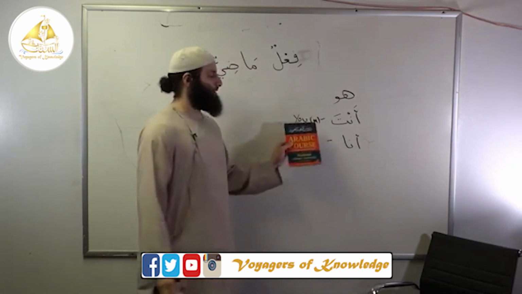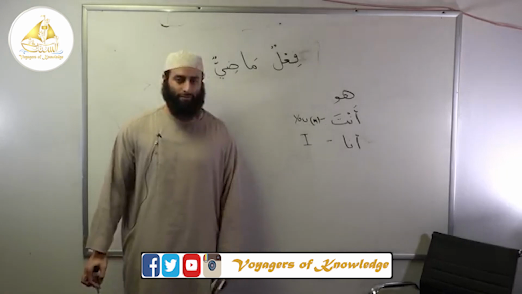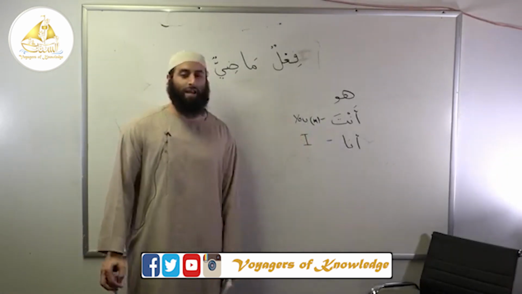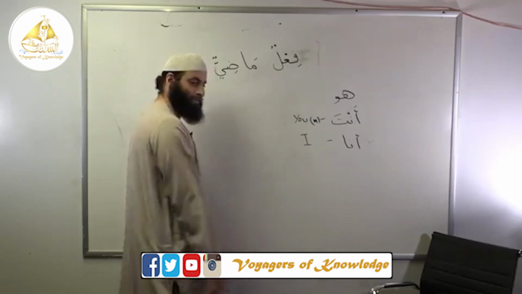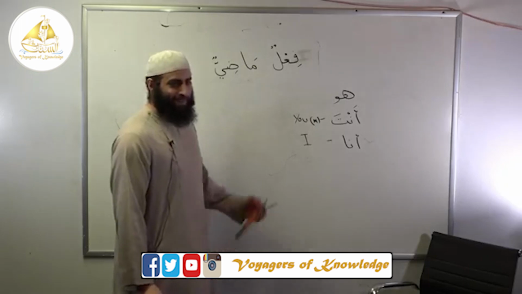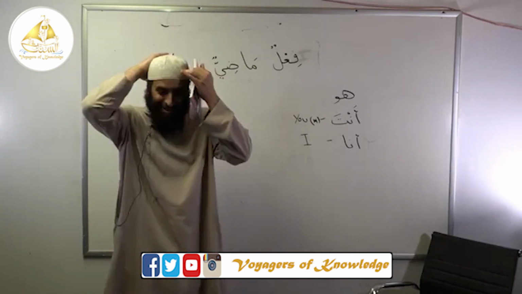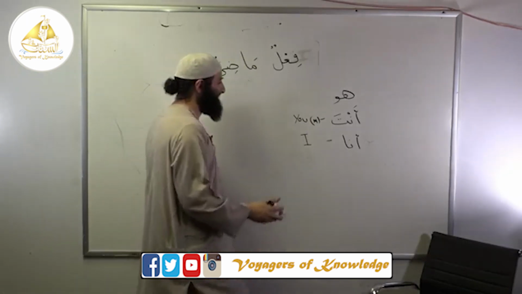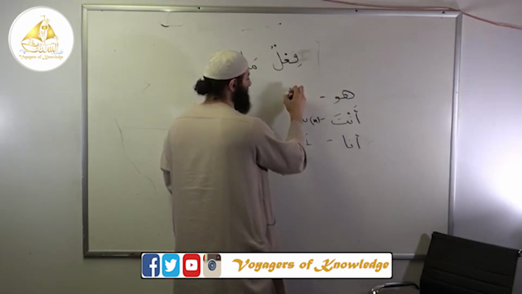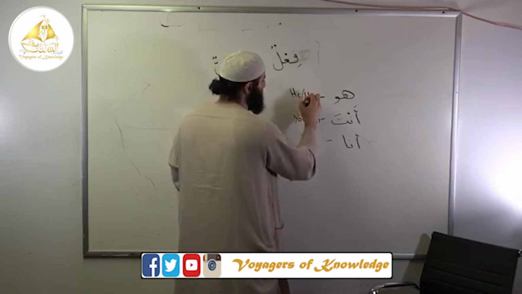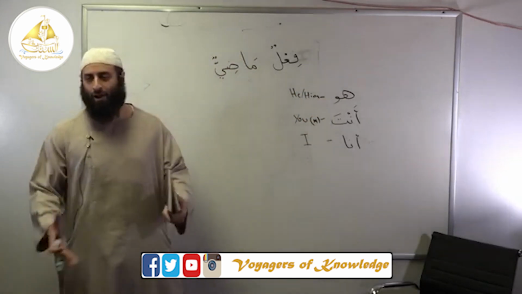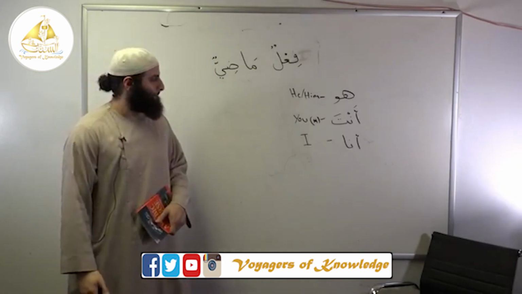That's an M for male. Because we're going to take one that's female and it's not anta. It's anti. How do you know these things? He knows. Huwa is he or him. Him, he, it for a male object. All right.